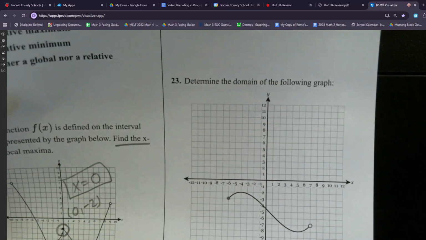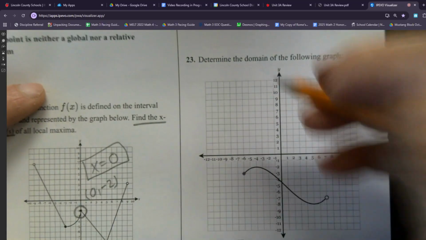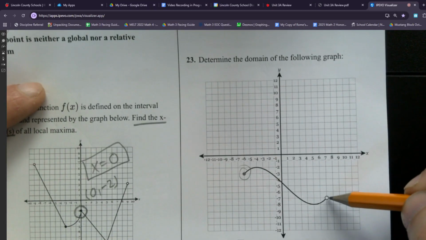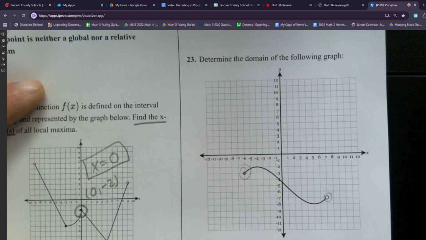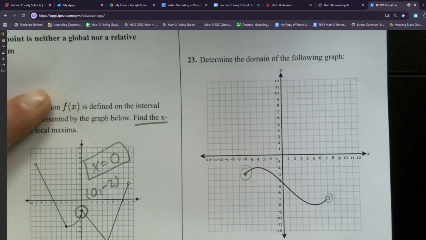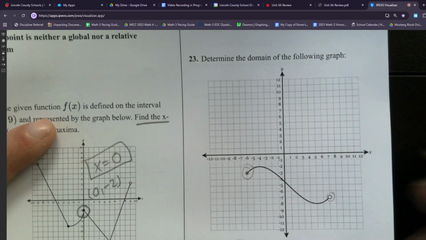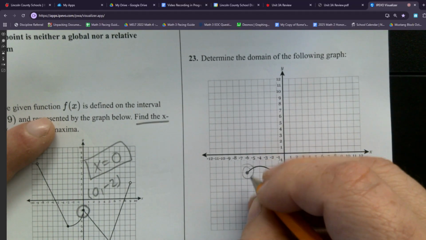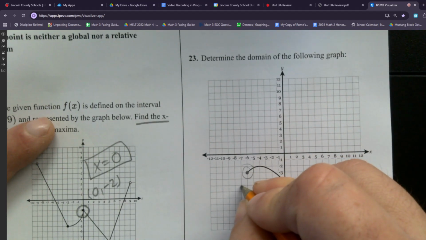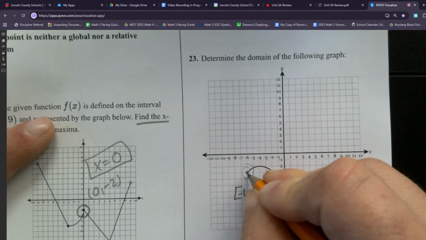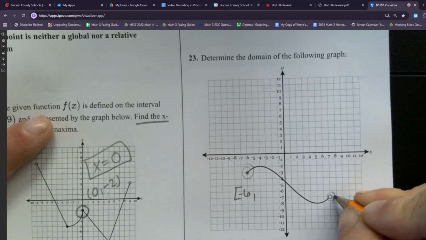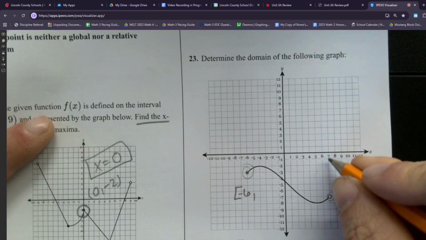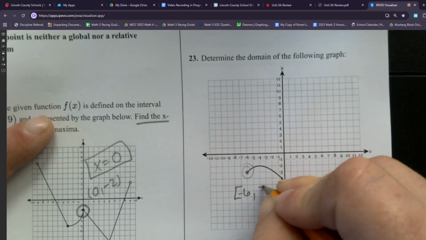Okay, 23. Determine the domain on the following graph. Just make sure, guys, this is your leftmost point. This looks to be the rightmost point. So your domain there, you can write it a couple different ways. That's a closed circle, so you could do -6 with a closed bracket. Now this is an open circle, so that's going to be an open bracket, an x value of 7.